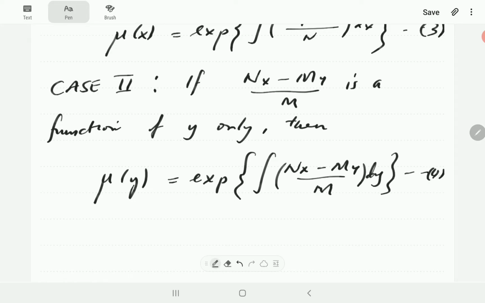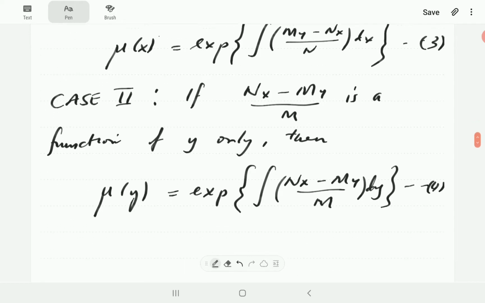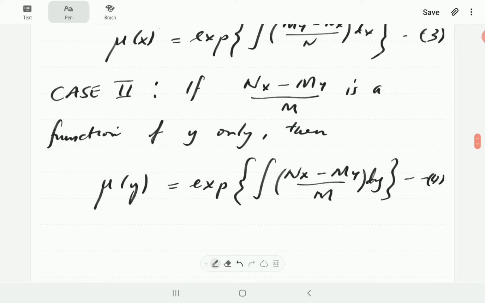Let's call this one equation number 4. Those are the two cases we are going to consider in the examples that follow. There is a derivation of how these come about, but we're not going to cover that one in this video.